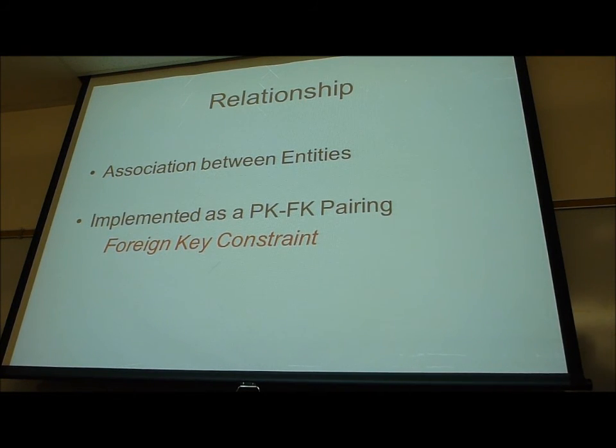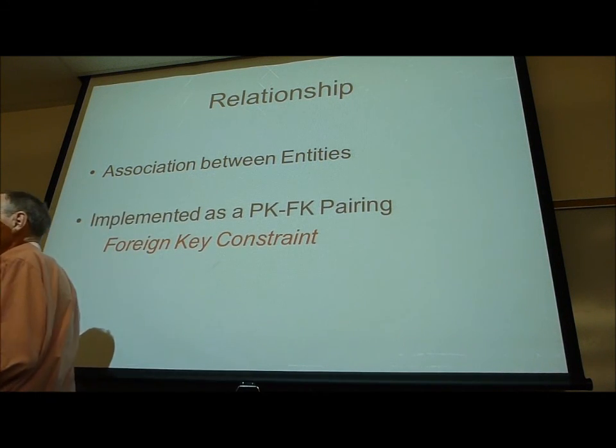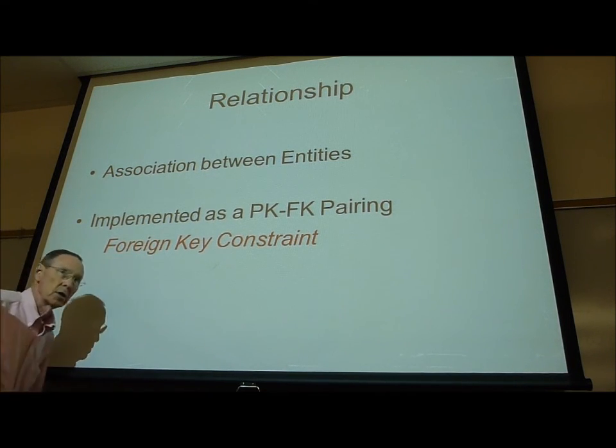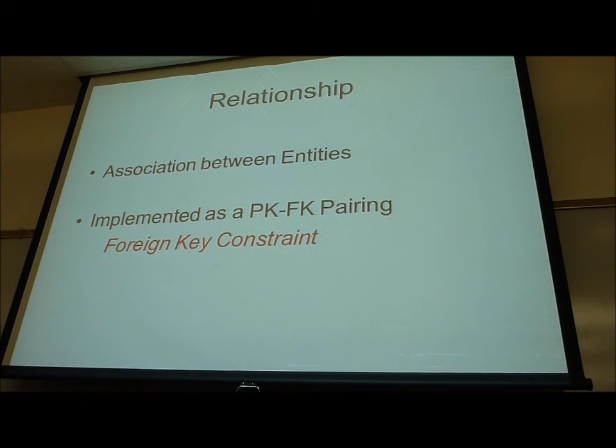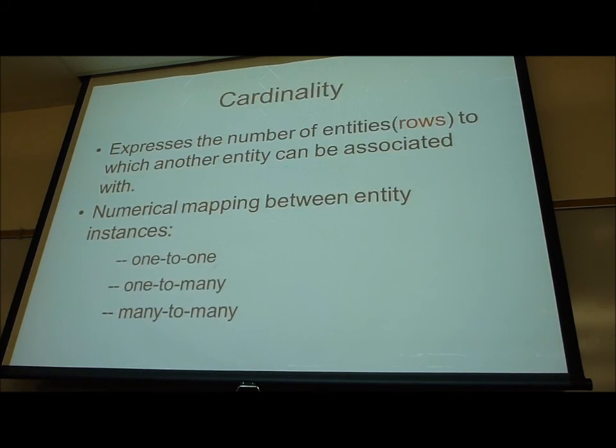So the idea is that I've got these entities, how do they relate? We establish that relationship with the foreign key constraint, and we decide what that should be. That's what's referred to as the semantics. Now let's further refine that semantic content.